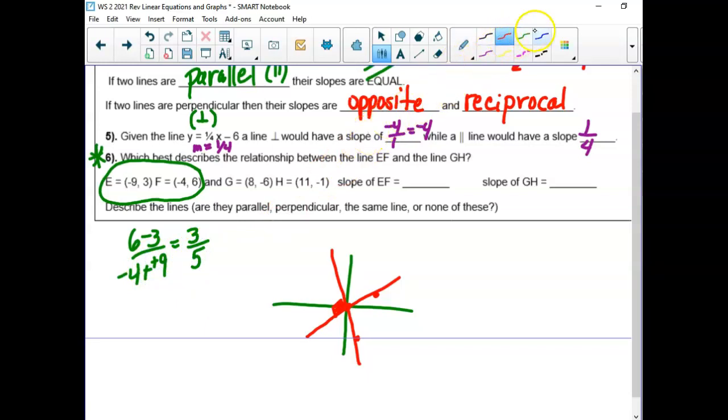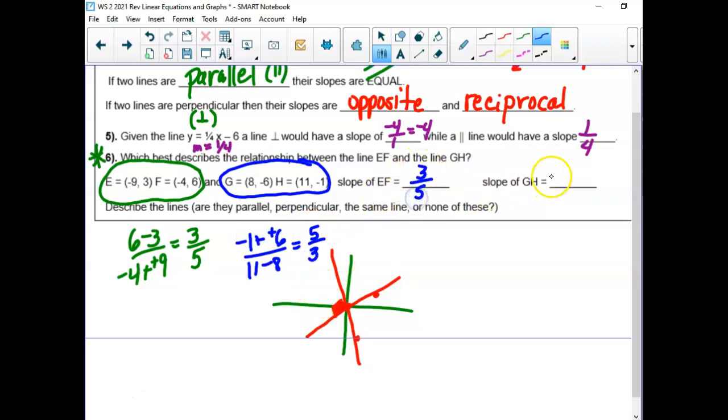Then on this one over here, GH, you would do the slope again, -1 minus -6 over 11 minus 8. If I gave you a little more time, could you have found those slopes okay? Okay, so EF was 3/5 and GH is 5/3.